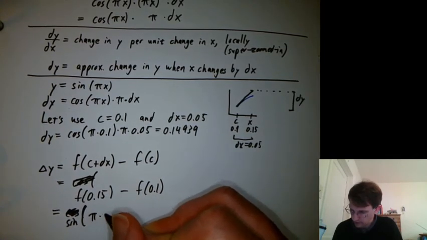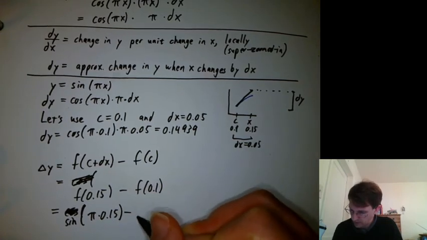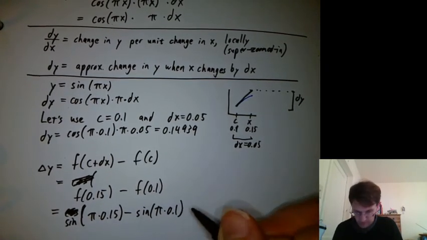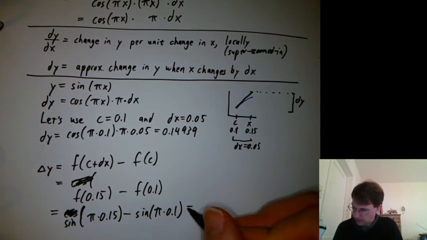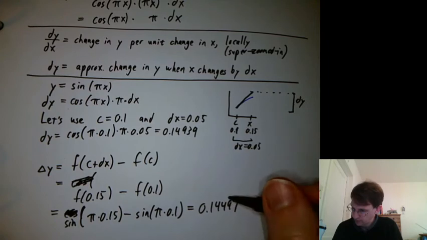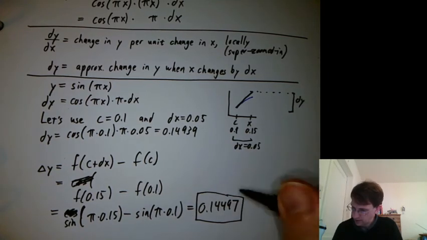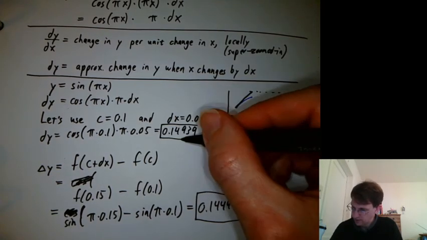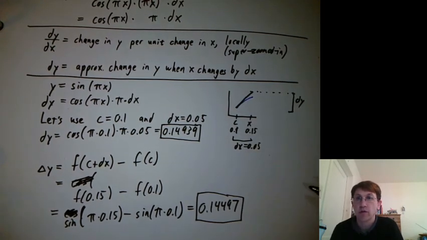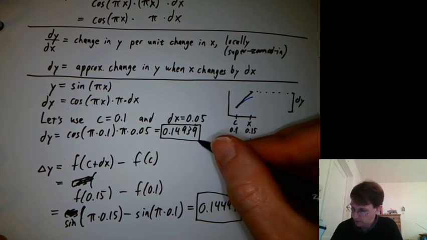Sine of pi times 0.15 minus sine of pi times 0.1. And after all that, you get 0.14497. So that's the actual change in y. Here's the approximate change in y. And would you say those are pretty close? Yeah, I'd be pretty happy with that in most cases.